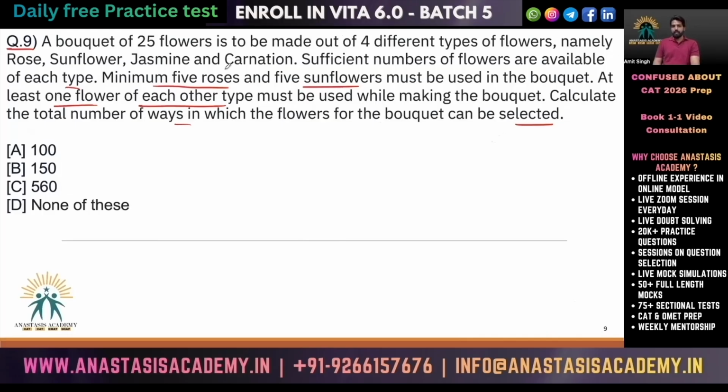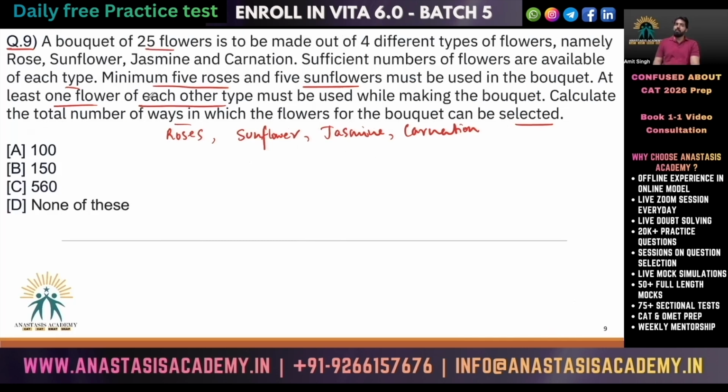Okay, so can you see that we need roses, sunflowers, jasmine, and carnation. These are 4 types of flowers. The situation given is that a bouquet of 25 flowers is to be made, right?